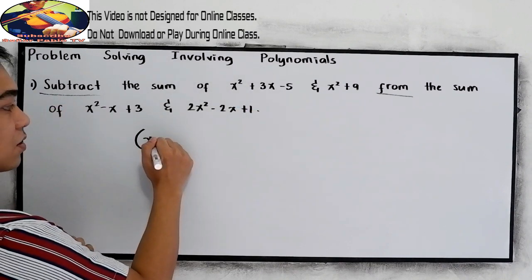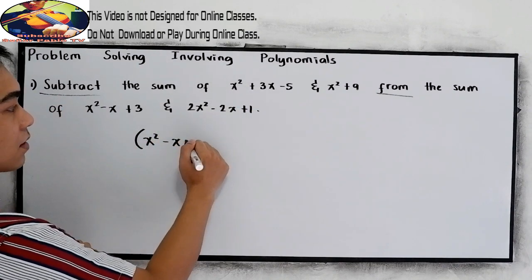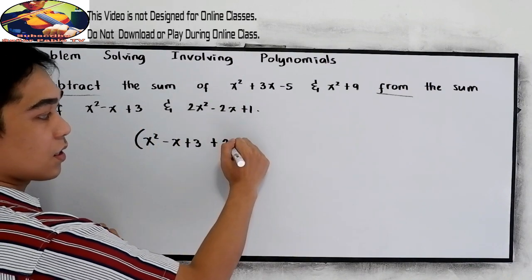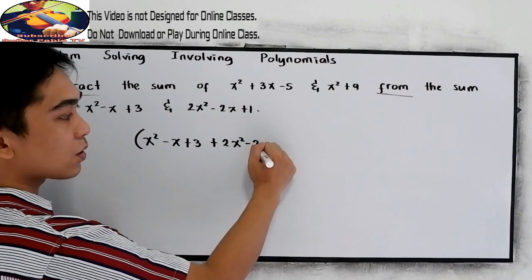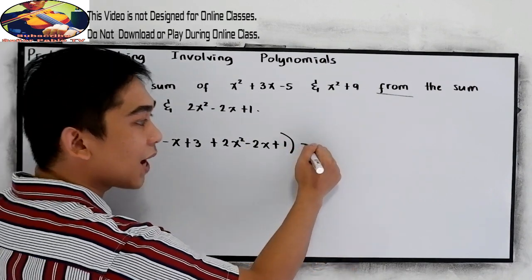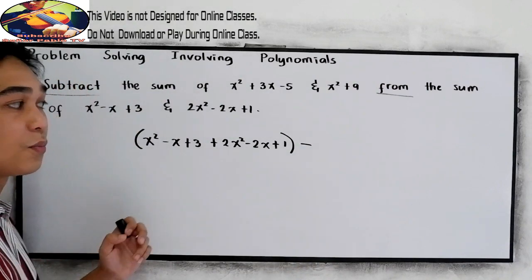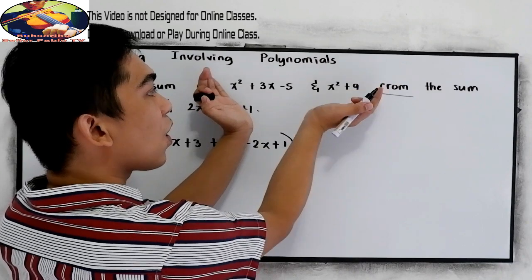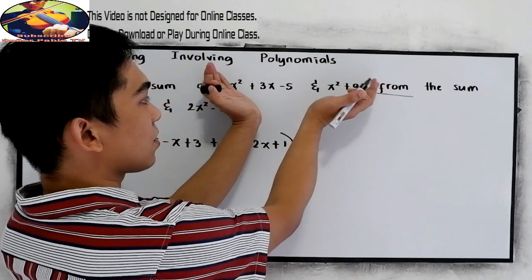So that is x squared minus x plus 3 plus 2x squared minus 2x plus 1. And subtract the sum of these two expressions.